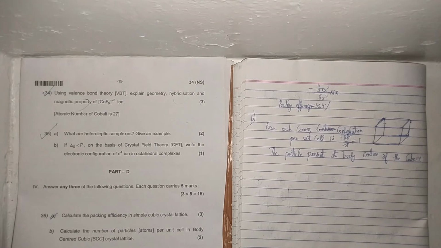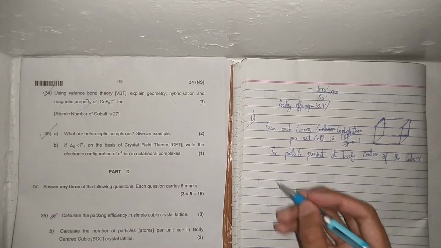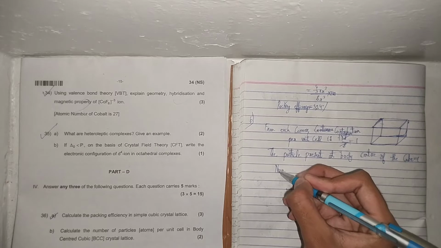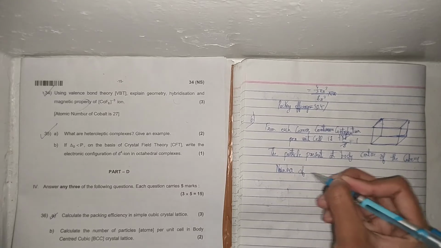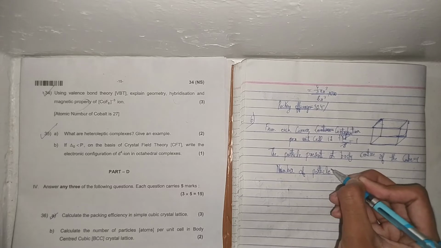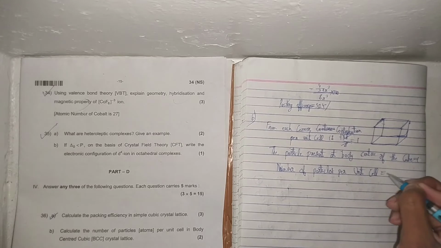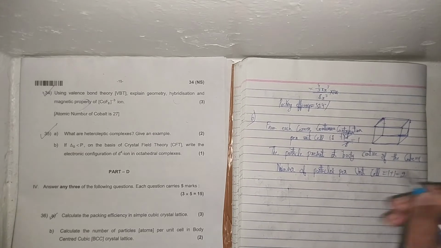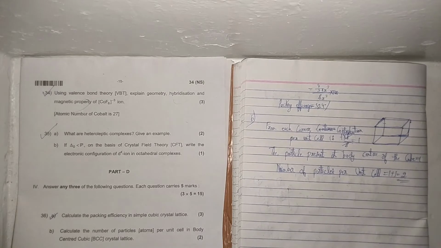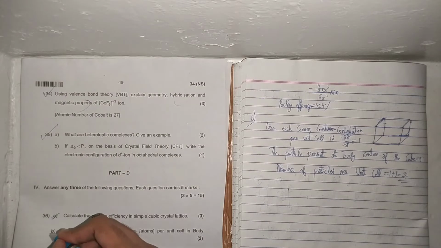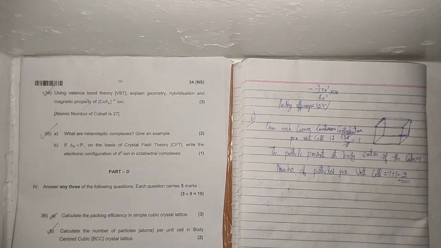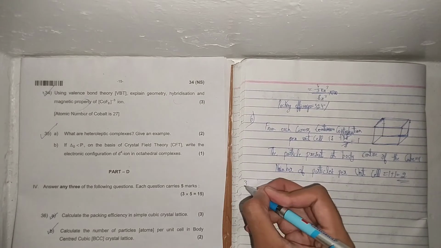The number of particles per unit cell is equal to 1 plus 1, that is equal to 2. So 2 is the number of particles per unit cell in the body centered cubic BCC crystal lattice. If you know the answer, you can write it straightaway. Otherwise, you can explain also. It depends on you. Next, moving on to question number 37.